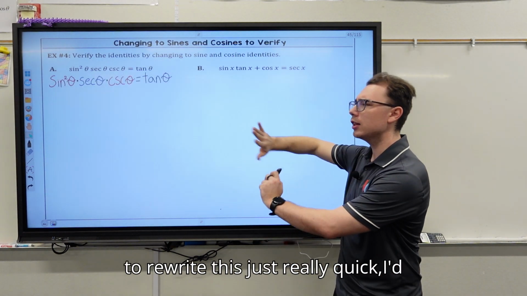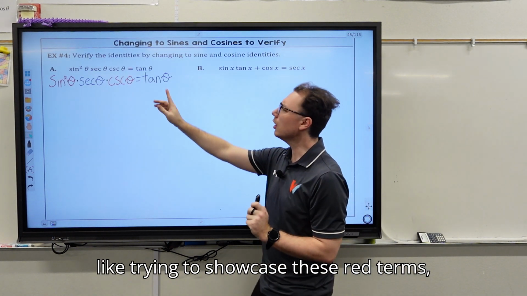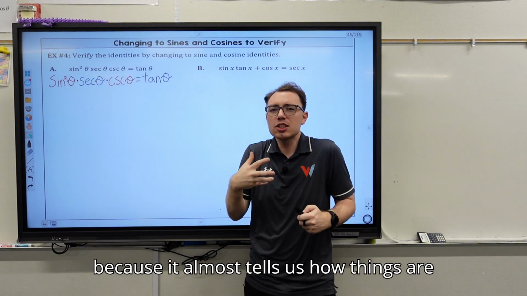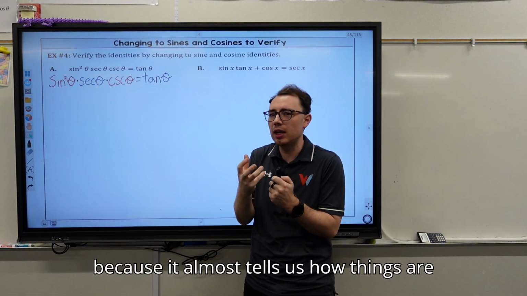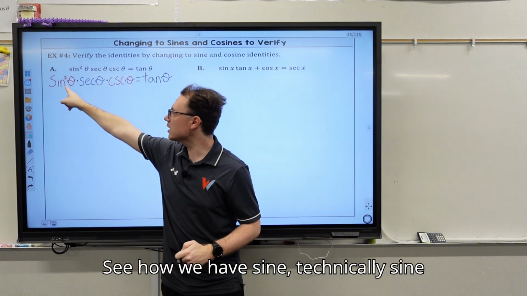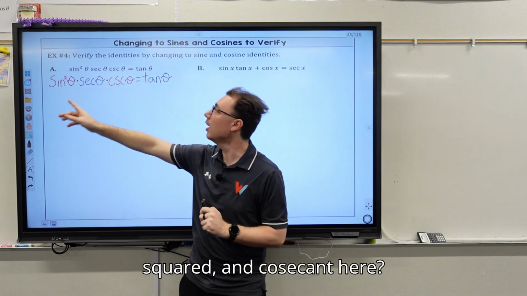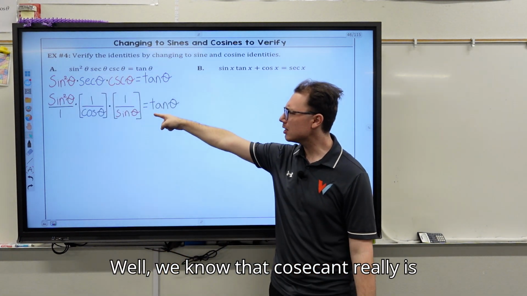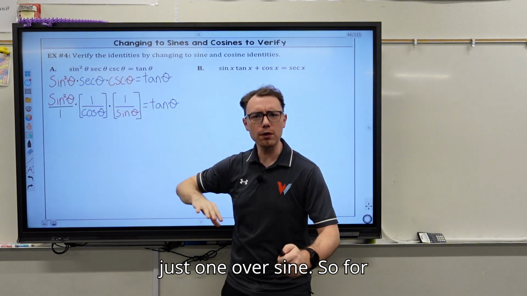If we were to rewrite this just really quick, I'd like trying to showcase these red terms, these blue, and these purple terms, because it almost tells us how things are connected. Notice this little trick. See how we have sine, technically sine squared, and cosecant here? Well, we know that cosecant really is just 1 over sine.